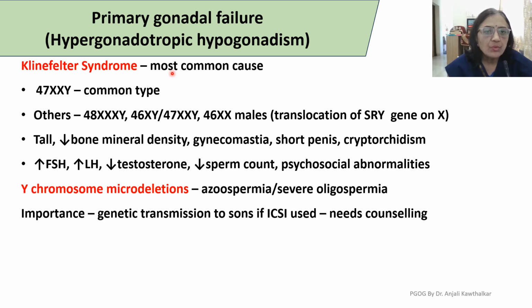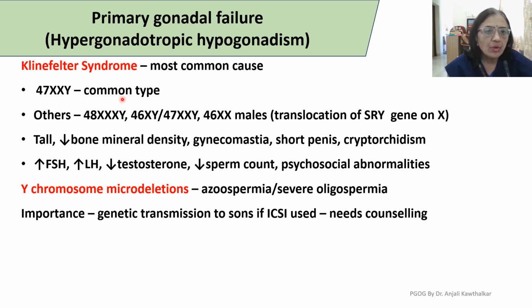Klinefelter syndrome is the most common cause of primary gonadal failure. It is also called hypergonadotropic hypogonadism because here testosterone is less and FSH is more. Klinefelter syndrome is 47 XXY, with one extra X chromosome present.